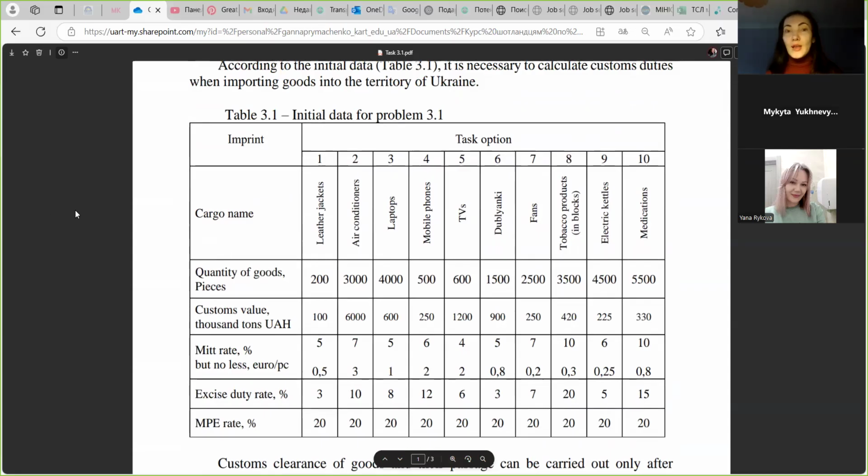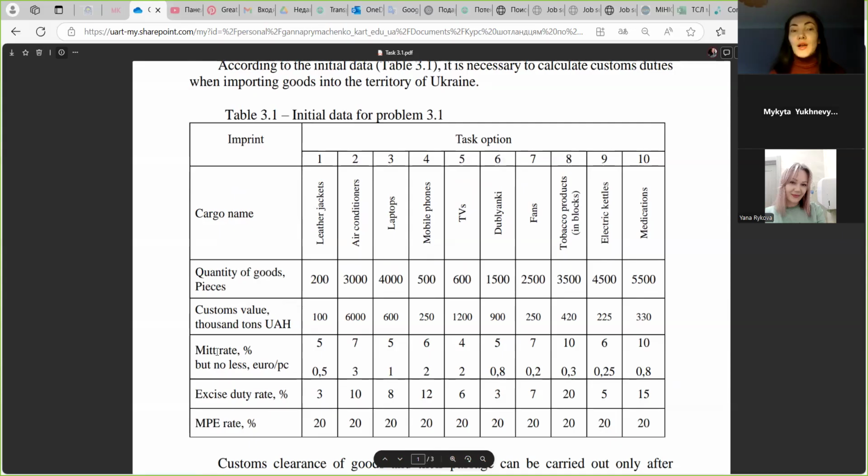We have the cargo name for every variant. We have 10 variants, from 1 to 10. We have the quantity of goods, how many we buy. For example, leather jackets, 200. If we talk about air conditioners, it is 3,000, and other parameters.